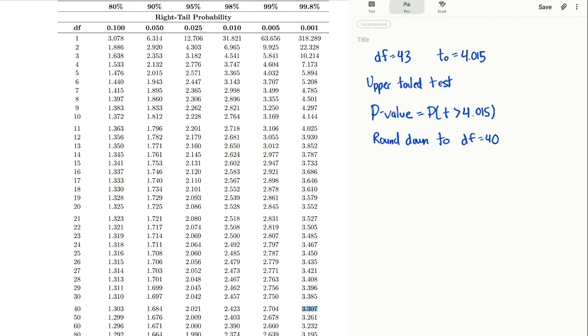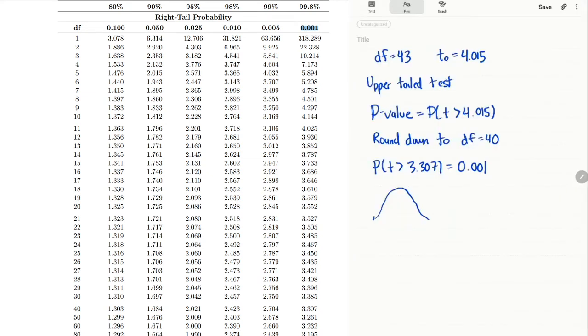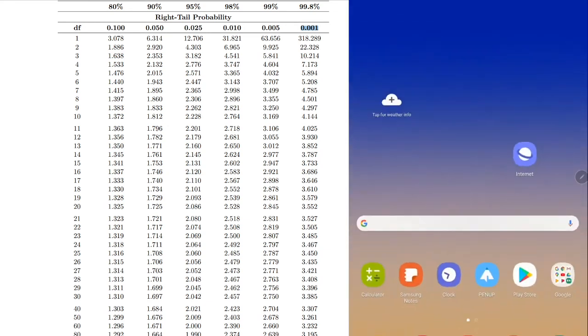So let's write down the area of this value. The table tells us that the area to the right of 3.307 has a right tail probability of 0.001. So let's draw out this probability.